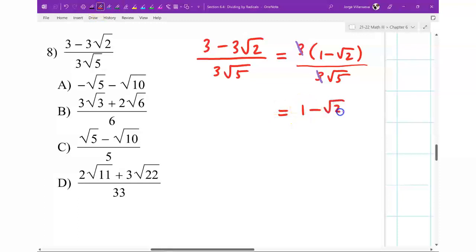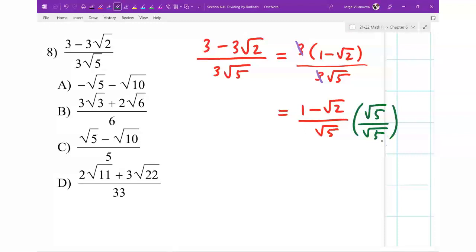1 minus radical 2 over radical 5. Well, again, the problem is I have a radical in the denominator. So the way I get rid of it is by multiplying top and bottom by that radical. The only difference now in terms of what we have to do is, remember before we would just multiply a number times a number on top?